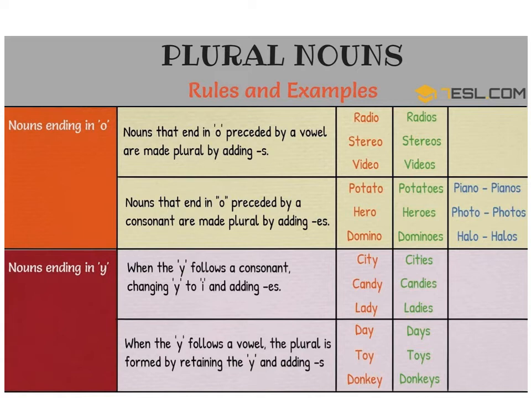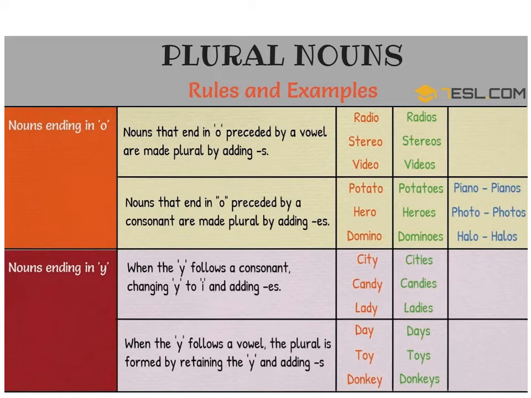Example again is stereo, and then we just put S on it, stereos. The next one is video, we just add S, videos. Okay, now let's look at the bottom part of nouns ending in O. Nouns that end in O followed by a consonant are made plural by adding ES. Okay, example, potato, potatoes.